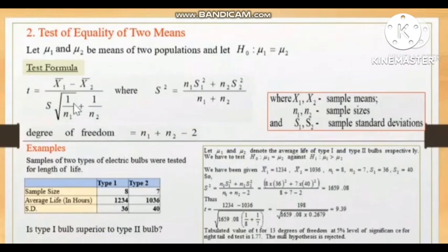Now, if our first sample is of size 8 and the second sample is of size 7, then what would be the degree of freedom? 8 plus 7 minus 2, that is 13. So we would consult the T table at 13 degrees of freedom and 5% level of significance. If the value of this T is greater than that, we would reject the hypothesis.